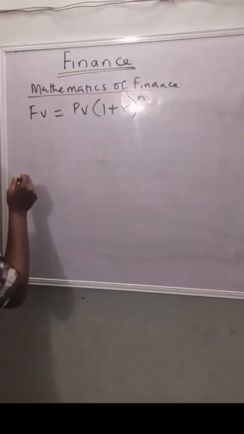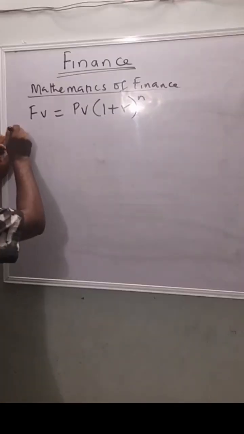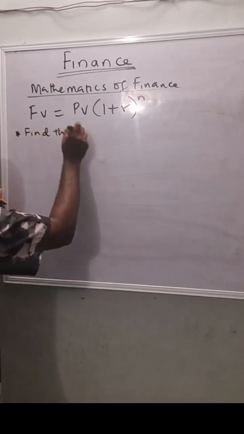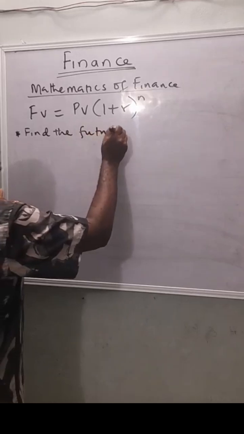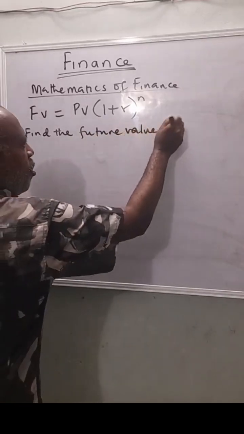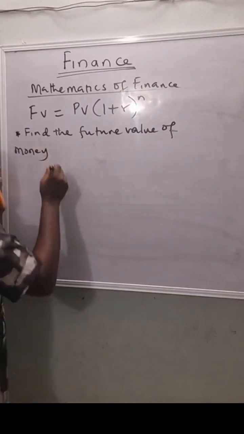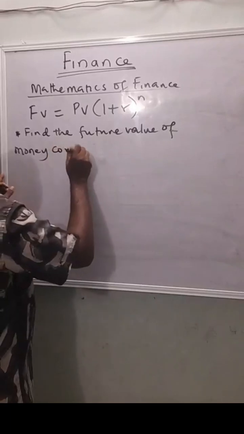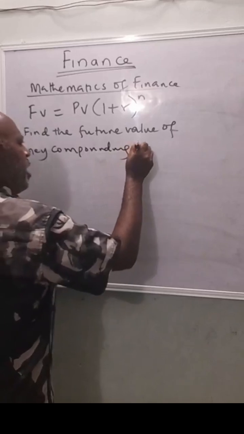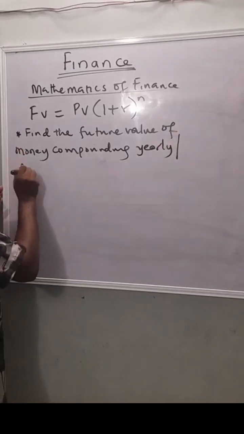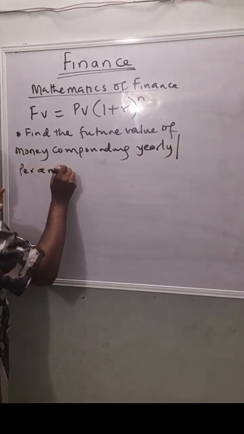For instance, an examination question can come like this. They tell you to find the future value of money, compounding yearly, per annum.